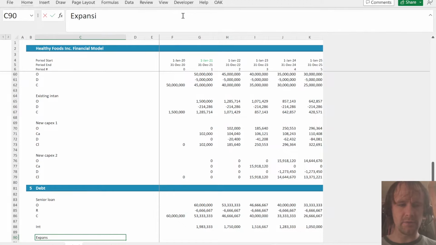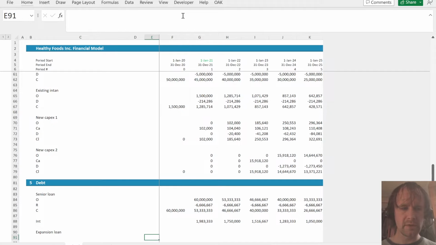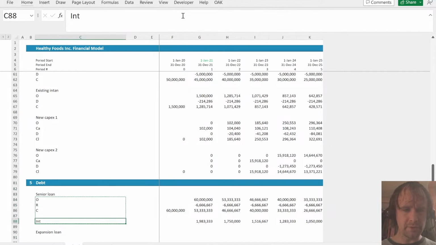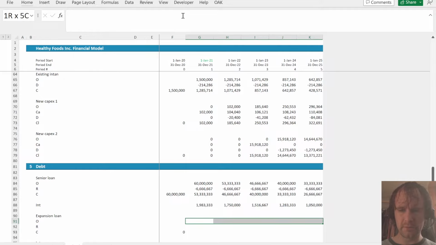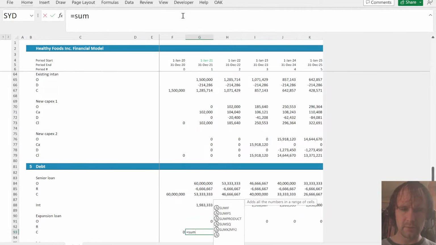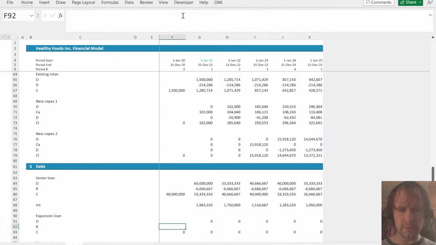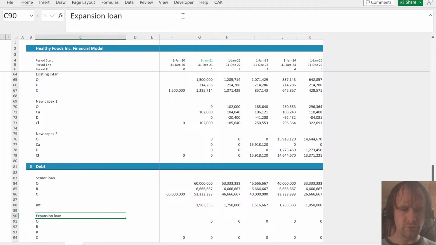Okay, expansion loan. Oops. And again, I'm going to want opening, repayment, closing, interest. Obviously it starts off at 0. I guess I should add in, scroll.